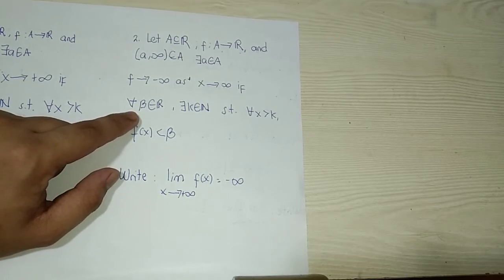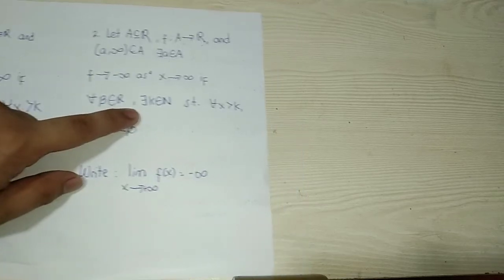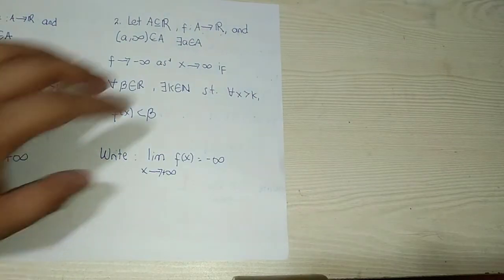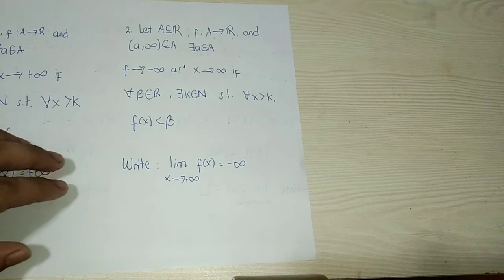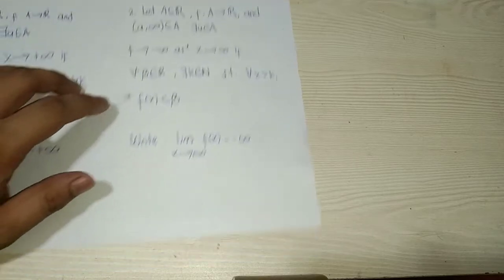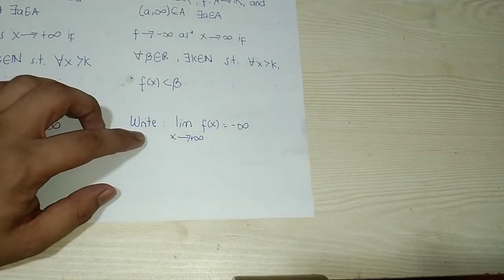So dito beta na lang kasi nag-alpha tayo kanina. So for all beta element of R, may mag-exist na natural number K such that for all x greater than K, then yung f of x for any x less than beta. So nagde-decrease siya without bound. Okay? So we will write this as limit of f of x as x approaches infinity equals negative infinity.